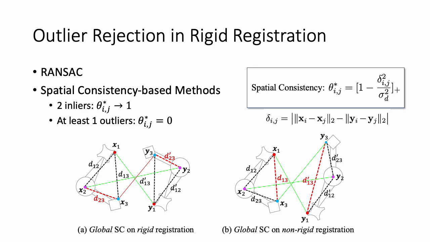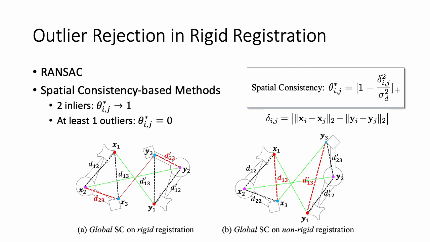It measures the compatibility of two correspondences by the discrepancy between the respective distances in two point clouds. Given two inliers, for example, x1, y1, and x2, y2 on the left, their spatial consistency s_1,2 should be close to 1. But if there is an outlier, such as x3, y3, the corresponding spatial consistency should be 0.